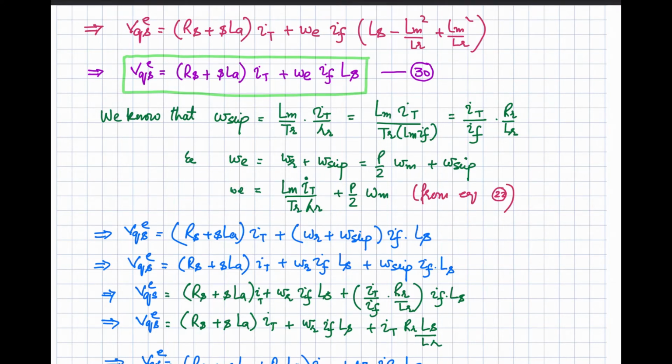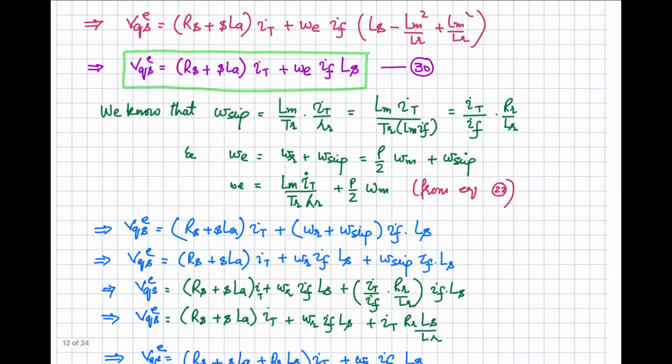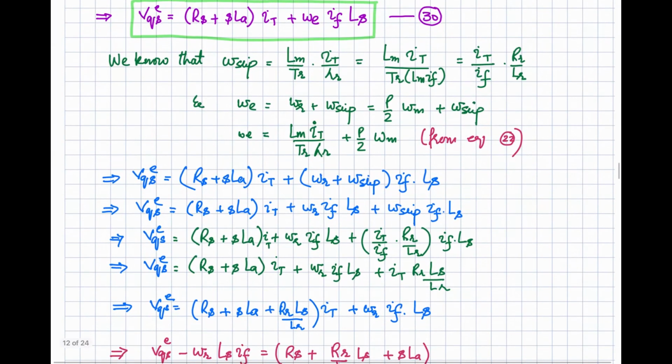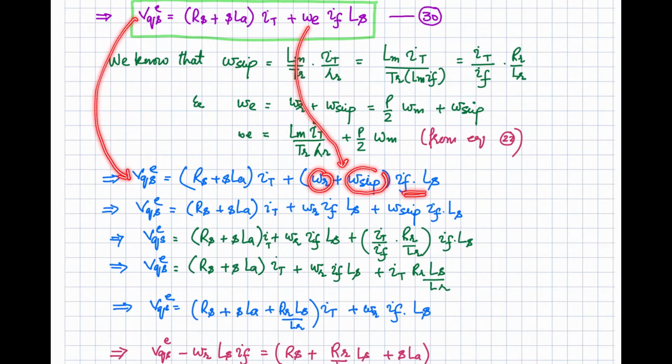We have already derived it in equation 22 of the last lecture. So this is the expression for the synchronous speed. Now this omega e in this equation can be written as omega r plus omega slip, so we can modify the voltage equation and write it like this.